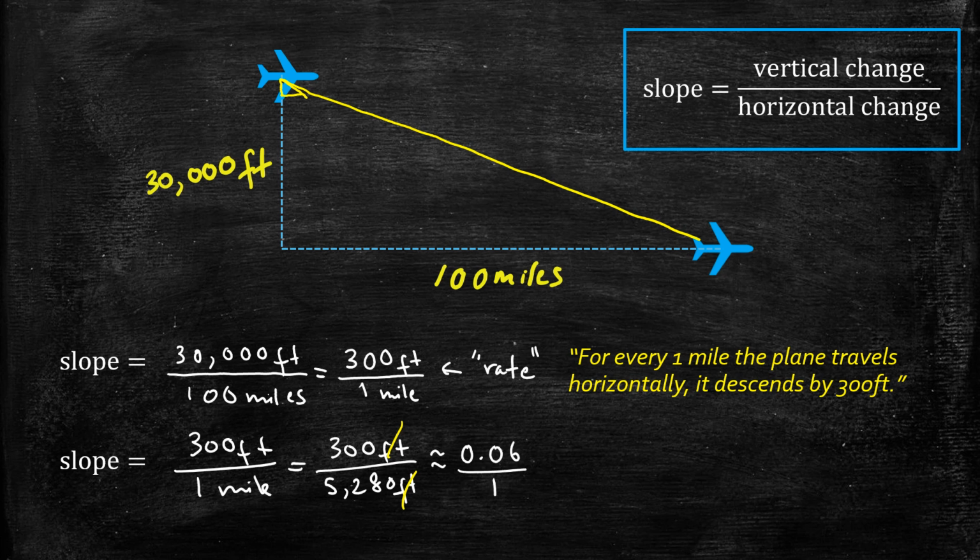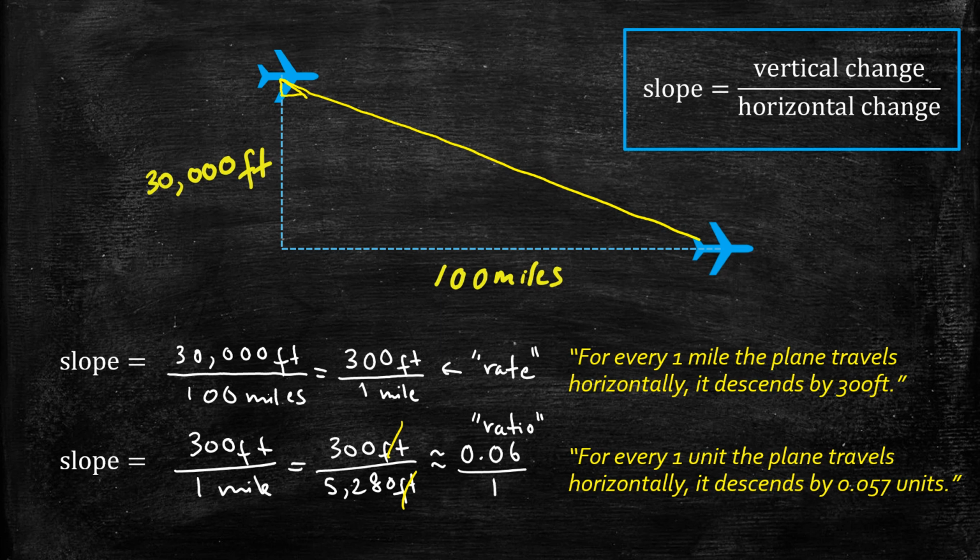So this is a ratio because the units cancel out. The units don't really matter, and that gives us some important information. It says for every 1 unit the plane travels horizontally, it descends by approximately 0.057 units, about 0.06. So that could be for every mile, for every foot, for every kilometer. The ratio is always the same.